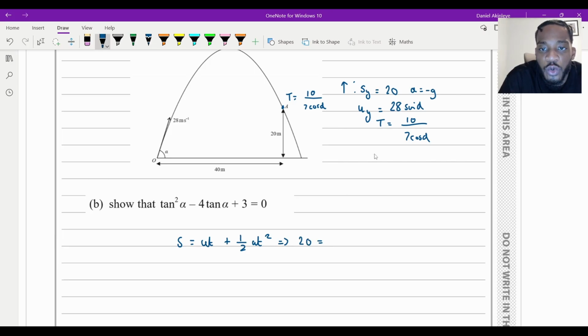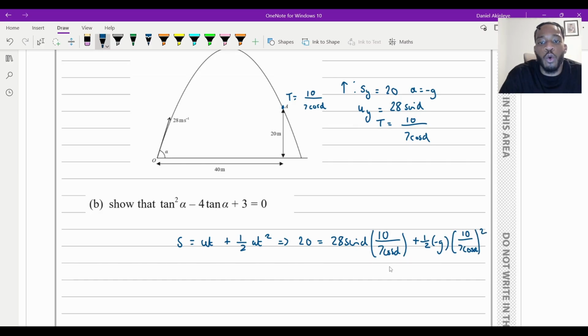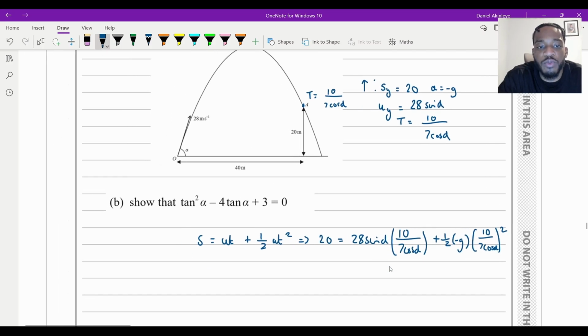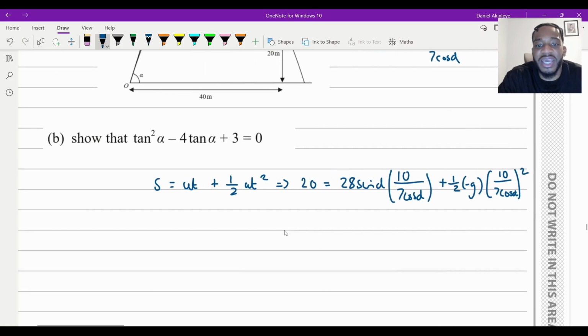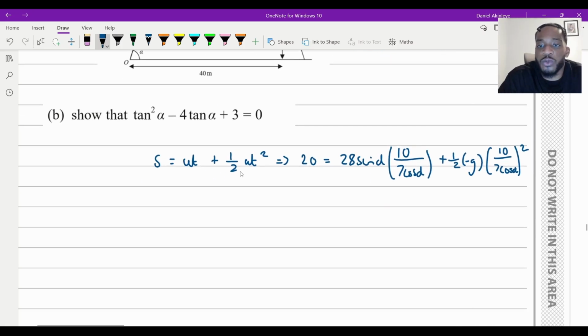And this is equal to U, which is 28 sine alpha, multiplied by T, which is this expression here, 10 over 7 cos alpha, and then plus 1/2, and then A is minus g, and then T is 10 over 7 cos alpha, and then we're going to square this, aren't we? So what needs to happen now is that we just need to use algebra and some trig identities to get this expression here. Now, let us work with this to see what we can do.